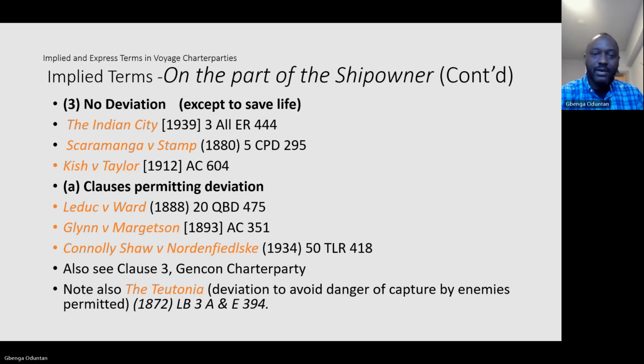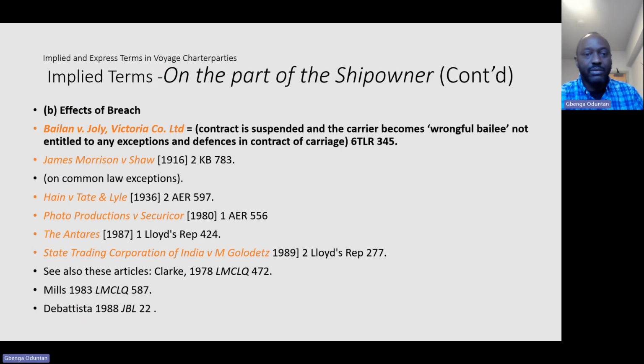Deviation, many cases to go through. The effect of a breach is that the contract may be suspended. It's also that if there's a breach, such as deviation, the ship owner becomes a wrongful bailee. What do we mean by a wrongful bailee? Someone who is wrongfully in possession.